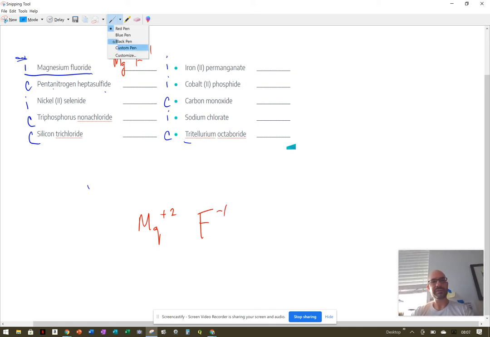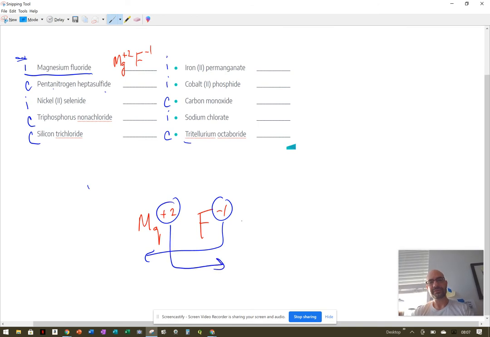When we crisscross those charges, we make them subscripts, and that's going to give us MgF2. So that's going to be the formula we write in there. So that's what we're going to do for these ionic ones.